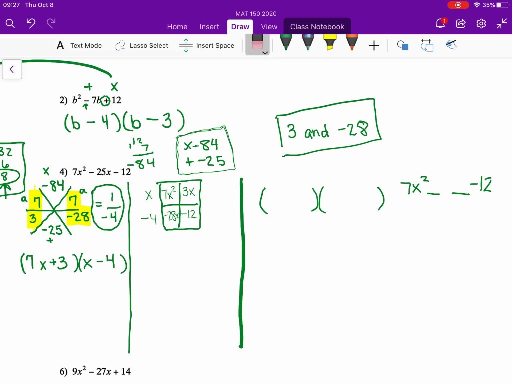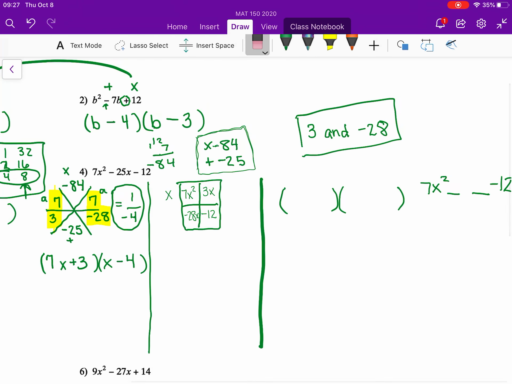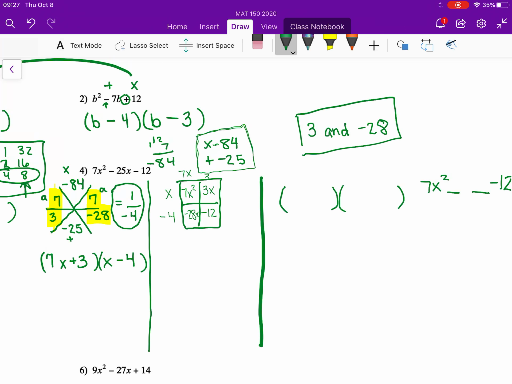And if you don't like factoring out, you really only have to think about one place to factor out, because then I can think about multiplication. So x times blank is 7x squared. Well, that's 7x. X times blank is 3x. Well, that's 3. 7x times blank is negative 28x. That's negative 4. And then double check, negative 4 times 3 up here at the top is negative 12.